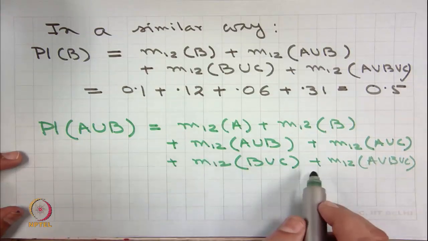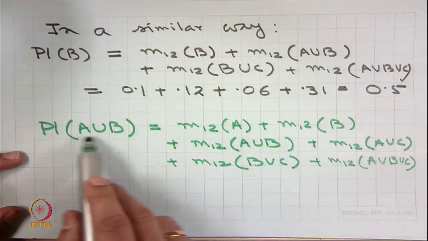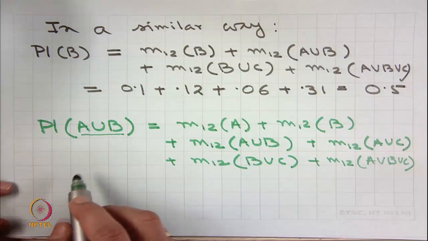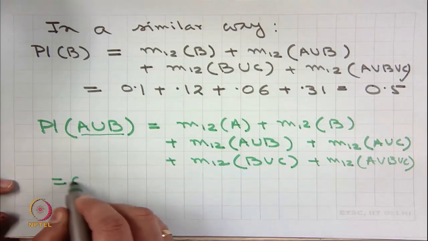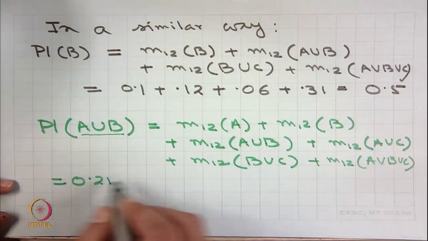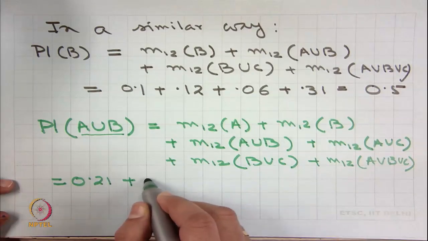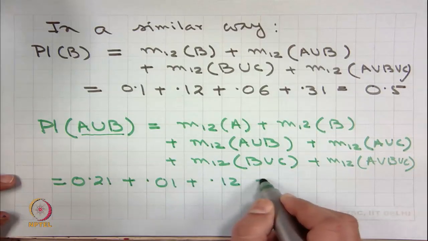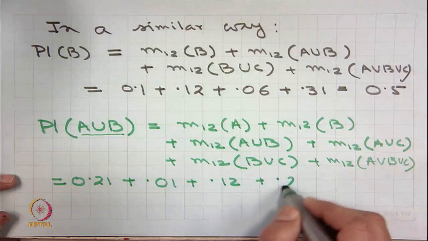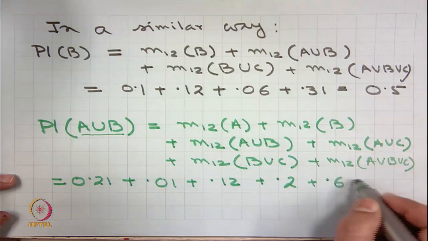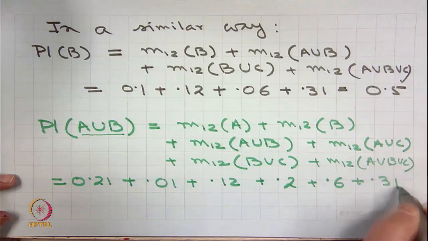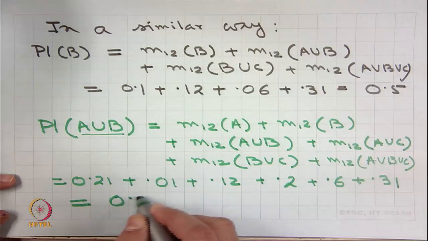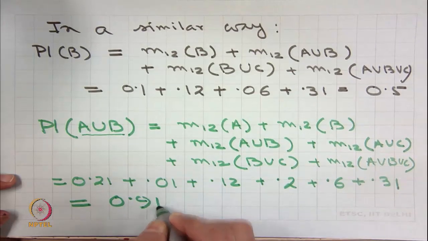Again you can check that all of them have non-empty intersection with A union B, and this value is coming out to be 0.21 plus 0.01 plus 0.12 plus 0.2 plus 0.06 plus 0.31, which is 0.91.